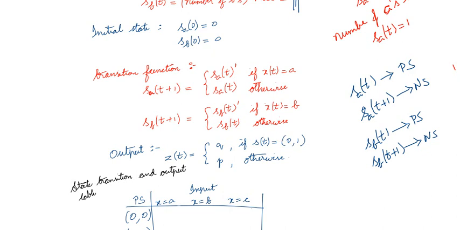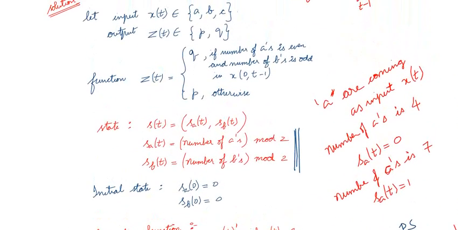Actually, what is the meaning of this 0, 1? This 0 stands for SA of t. This 1 stands for SB of t. When we have a 0, you can come to the expression here. What is SA of t?